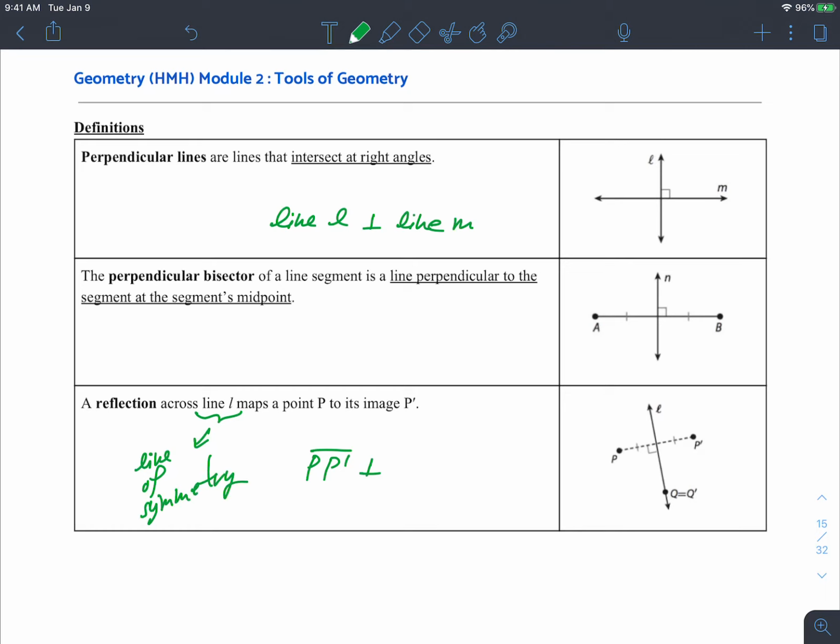And that has to be perpendicular to PP prime. Okay, and on top of that, as we mentioned earlier, line L bisects PP prime. Okay, guys? All right. So we have some exercises for you guys to do.